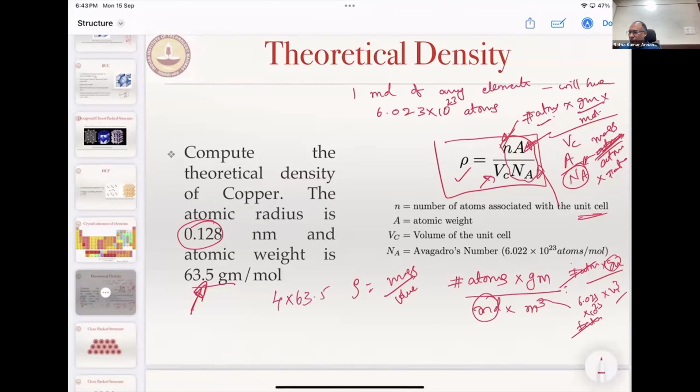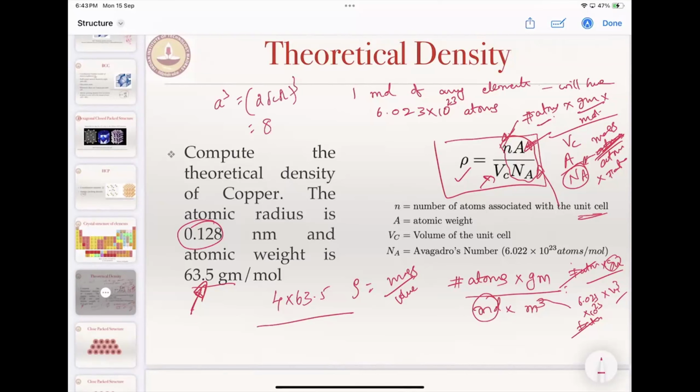So 4 into 63.5 divided by what is the volume of the unit cell? A cube. Basically a is 4 by root 2 times r, since the atom radius is known. A cube is therefore 2 root 2 r whole cube, right?